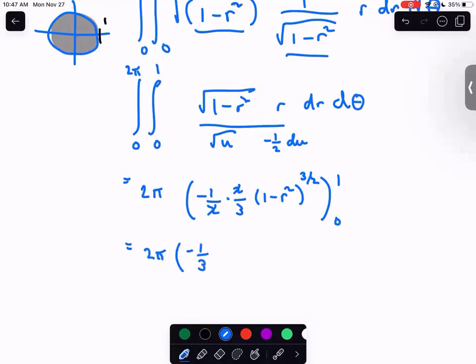When I plug in 1 into this, 1 minus 1 squared will be 0. Raise that to any power, it's 0. Minus a negative 1/3. And when I plug in 0 into this, we get 1 raised to the 3/2 power. And so we get 2 pi over 3.